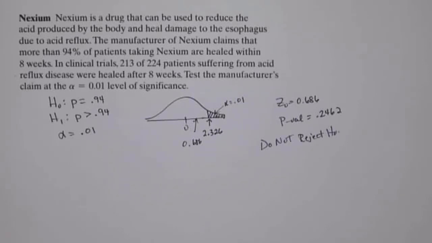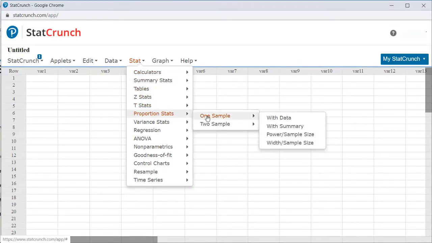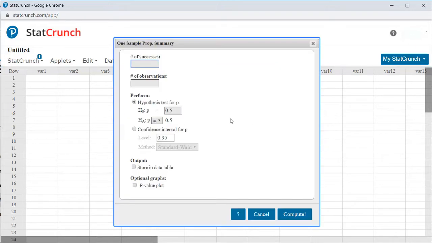In the same way, if I want to use StatCrunch, I can again go to Stat, Proportion Stats, One Sample. We have summary information. In this case, our number of successes is 213 and our number of observations is 224. The value of p in our null hypothesis is 0.94.